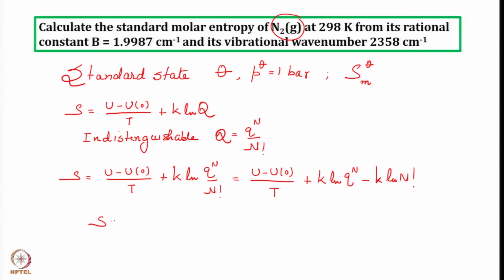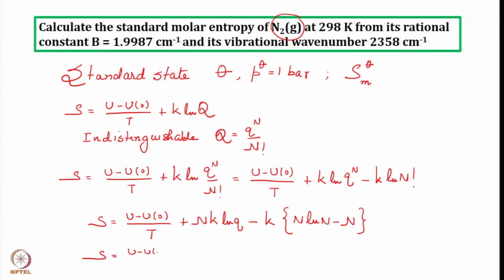Let me rewrite it. S is equal to U minus U0 by T plus Nk log q minus k log N factorial, which is N log N minus N. Next, S is equal to U minus U0 by T, Nk is equal to nR, we have discussed many times, log q minus nR log N plus nR.